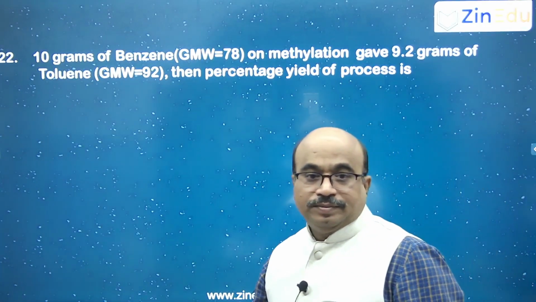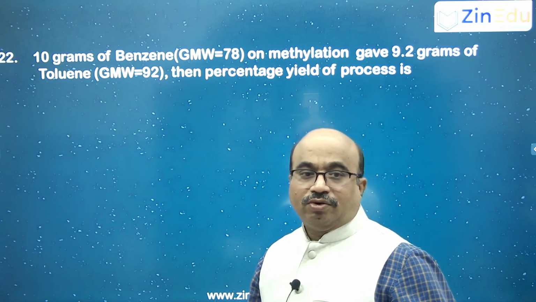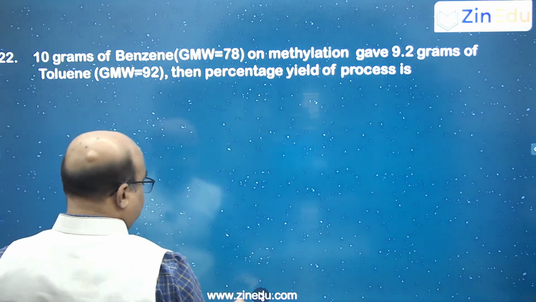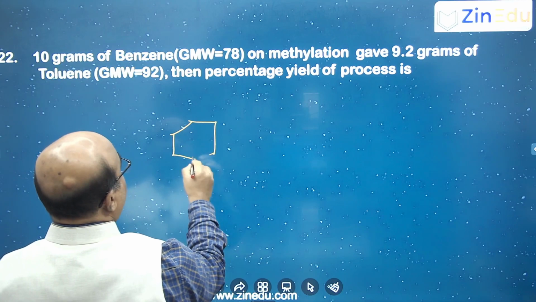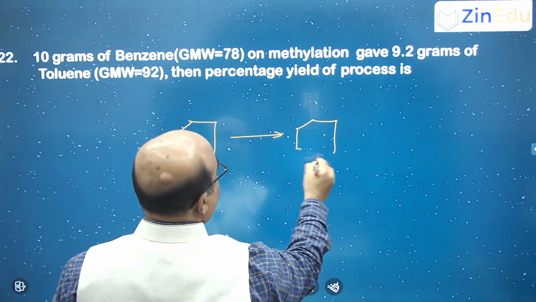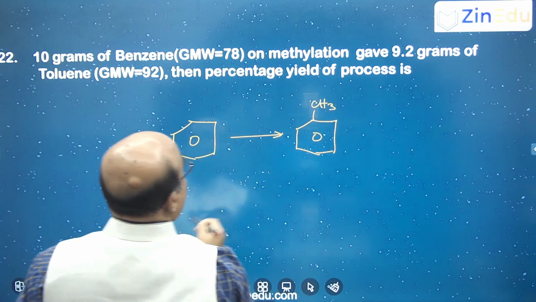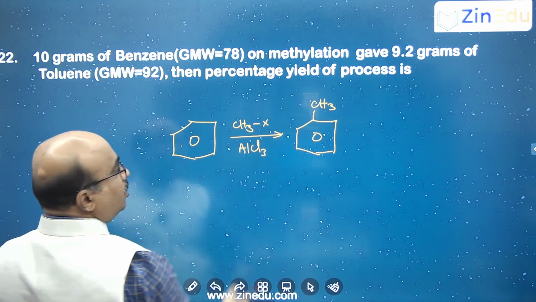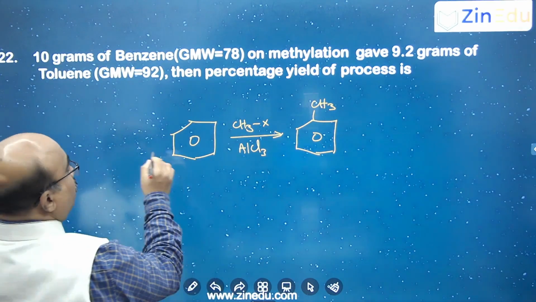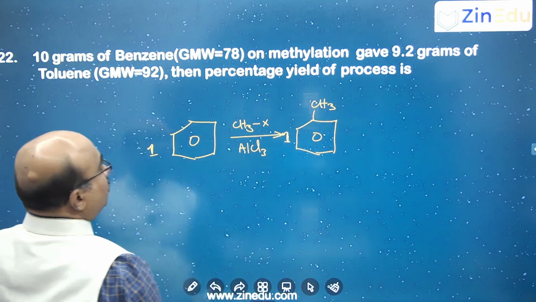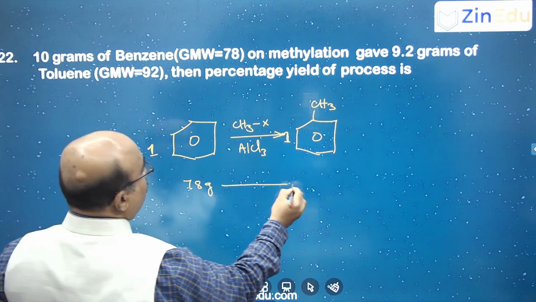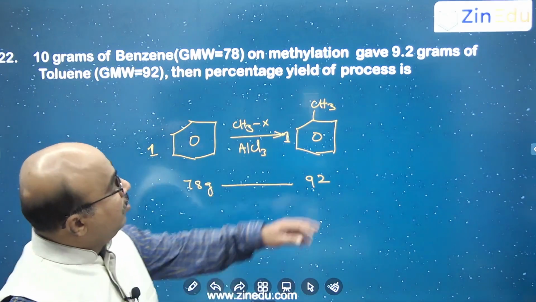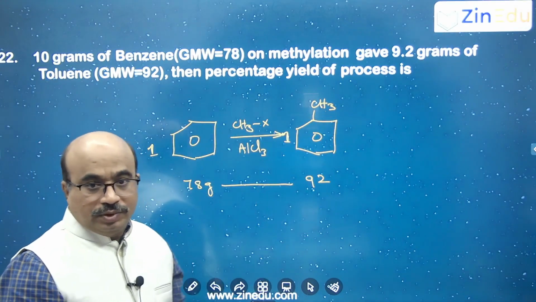10 grams of benzene on methylation gave 9.2 grams of toluene. Then the percentage of yield is? If you take benzene, we convert this into toluene, methyl benzene, with some CH3X in anhydrous AlCl3, Friedel-Crafts reaction. That is, 1 mole of this will convert into 1 mole of this. So 78 grams of this has to give 92 grams of this, because molecular weight of benzene is 78 and molecular weight of toluene is 92.